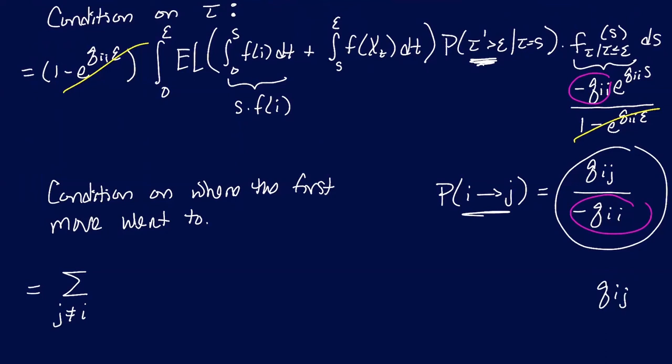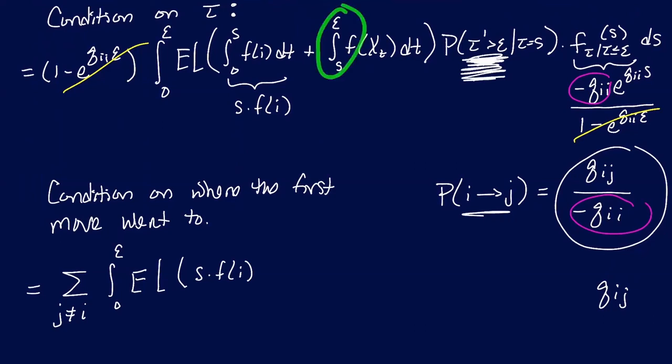And now let me write the rest of the integrand. This is the integral 0 to epsilon, the expected value of s times f of I. Now again, we know that the time of the second move has not yet happened in this range.